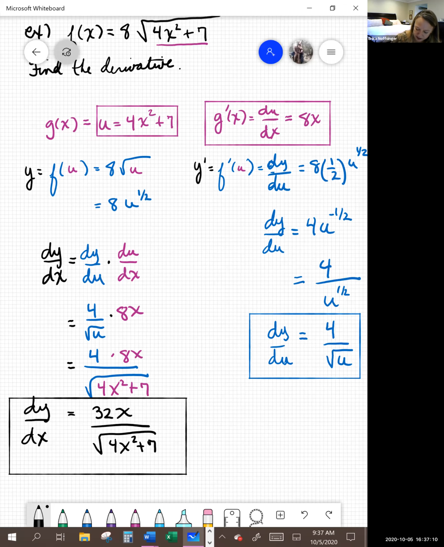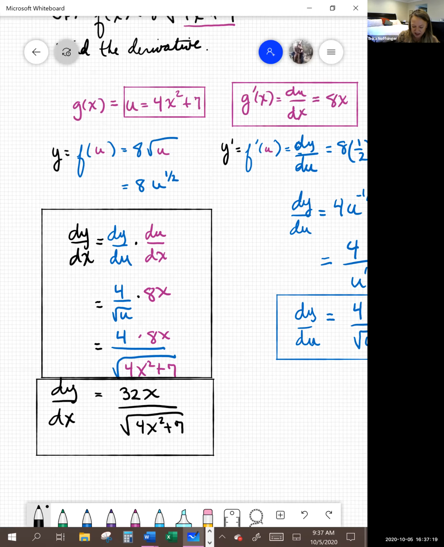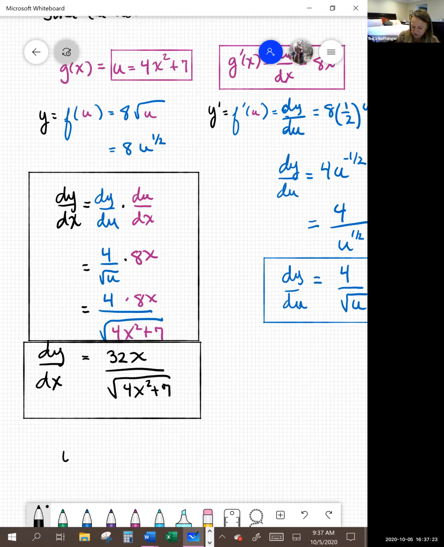So that was with this method. But if we had written it in the form of y prime equals f prime of g of x times g prime of x.